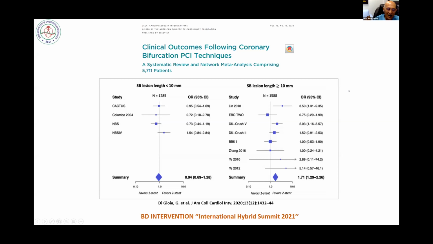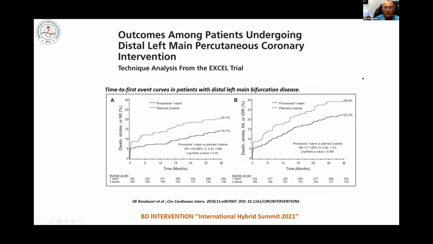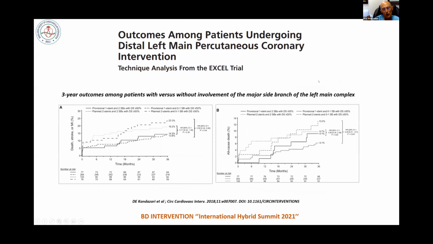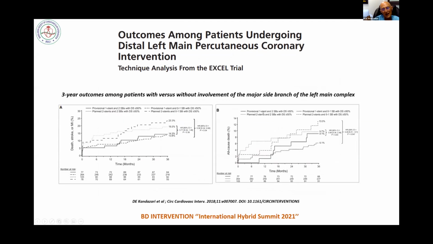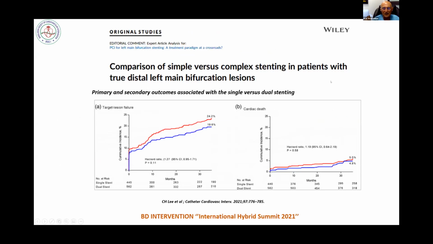So I think the lesion length of the side branch is a very important criterion to take into consideration. Again, other data coming from EXCEL show no difference between one stent and two stents. But if we look in more detail, when the ostium of both branches of the bifurcation is involved, there is a trend to do better with two stents rather than one stent.